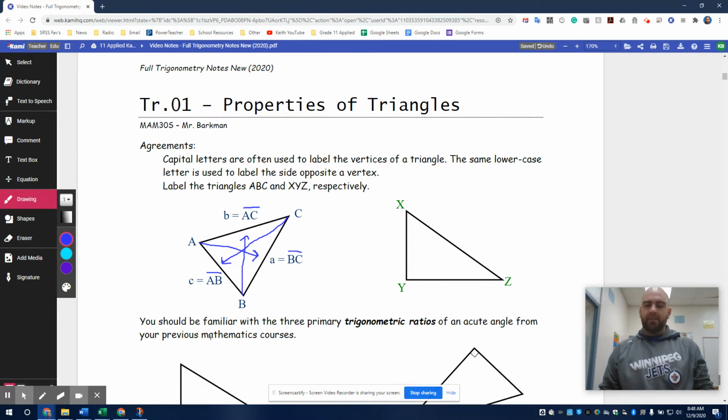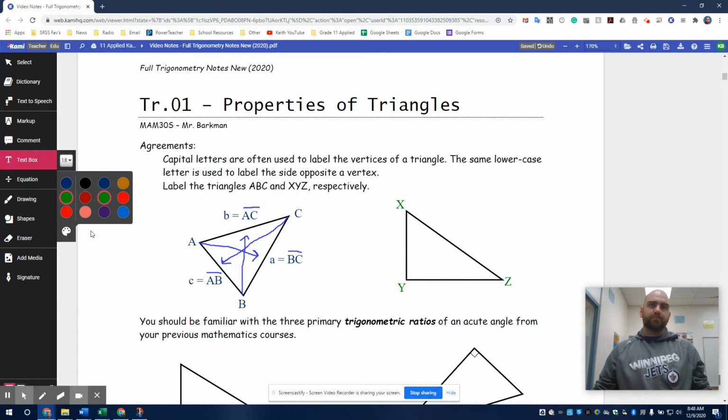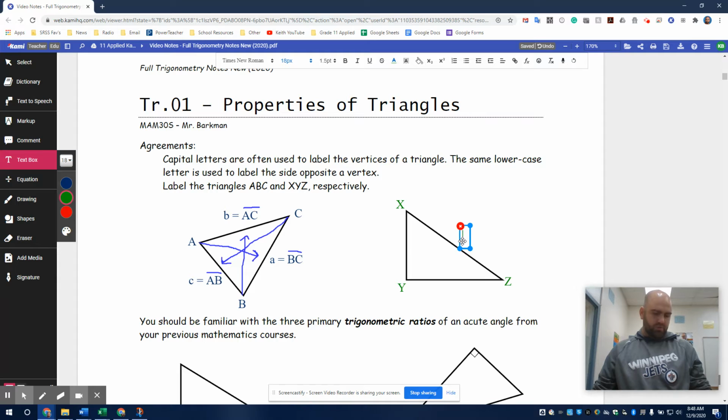So we have a, b, and c to represent our 3 sides, and we could also represent them with the dual letters as well. On this side here, I'm not going to do the line segment, I'm just going to do the little letters. So this one's going to be y because it's across from Y. This one is going to be z because it's away from Z. And this one's going to be little x because it is not touching the X vertex right there.